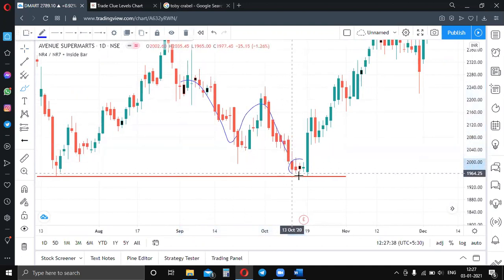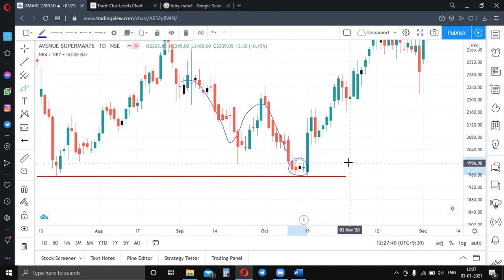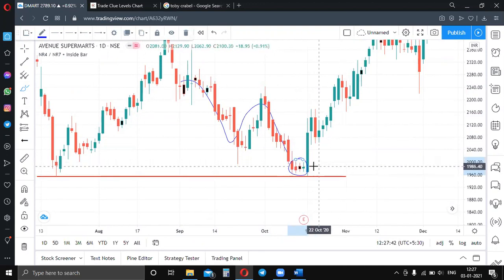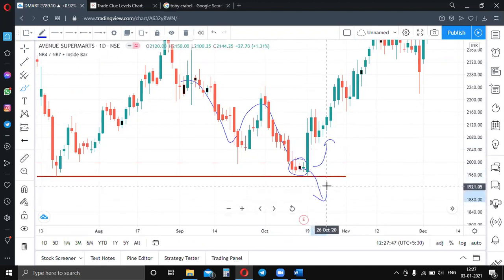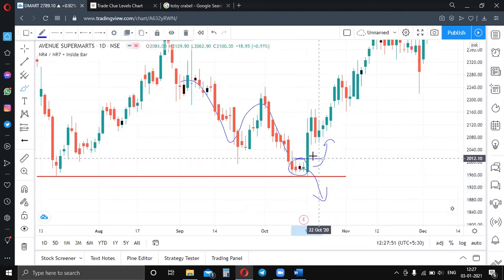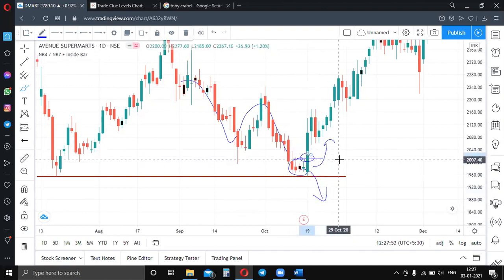Now dojis are candles which have the characteristic of either changing the trade or there may be a continuation. If on the hourly chart I get a super breakout over here, I'll be more interested to go long in such stocks. These are the opportunities that we want to grab.